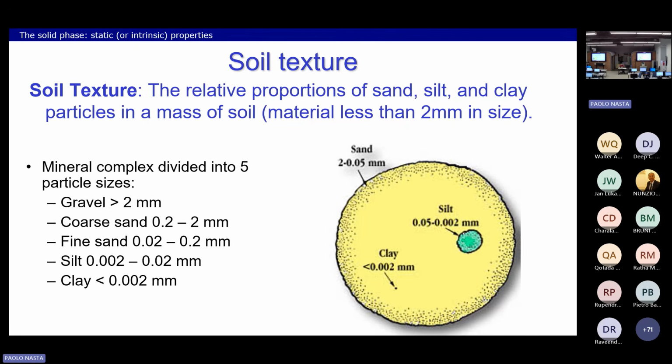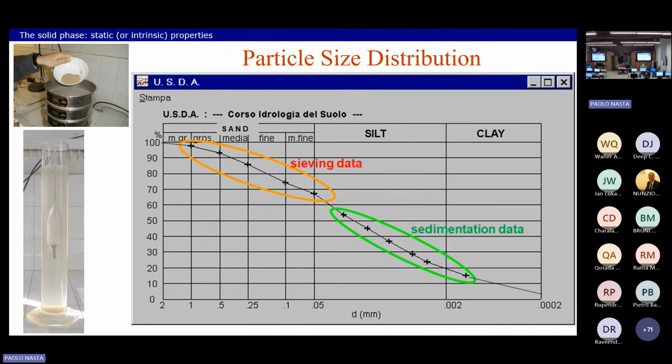below 0.002 millimeters. Of course, in our lab, we measure particle size distribution. So I mentioned the oven-dry bulk density. Now we can focus also on the particle size distribution as a proxy of soil texture.